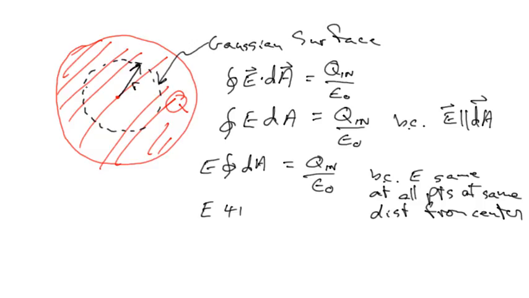This is a spherical surface here. 4 pi r squared, and this is the charge inside, which is the charge density times the volume of this little sphere of radius little r.